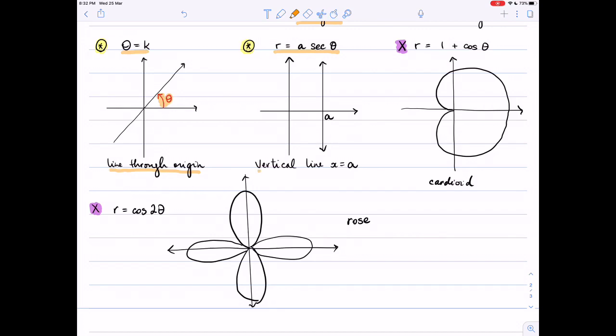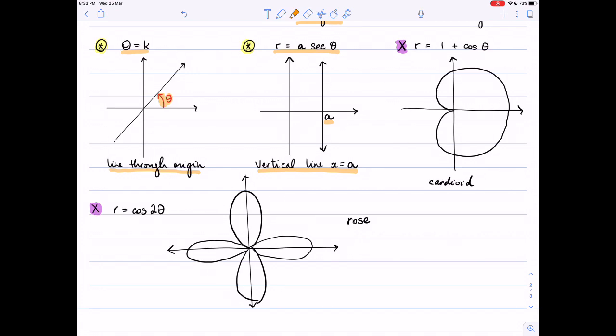That is a vertical line, x equals a. So a secant theta described in polar coordinates is the same line as x equals a described in rectangular coordinates.